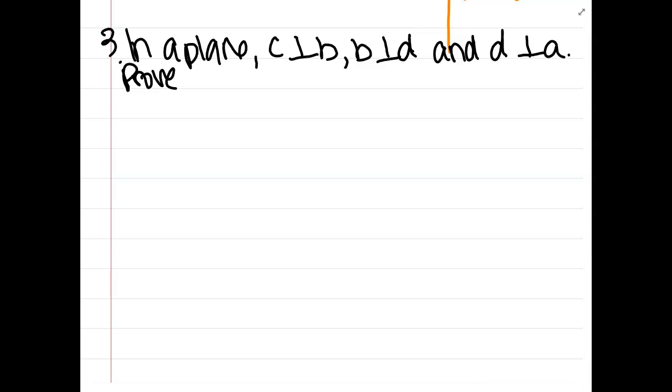We want to prove that C is perpendicular to A.